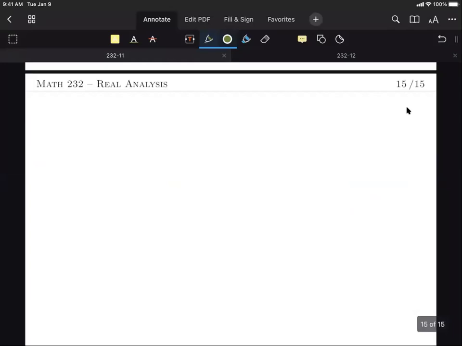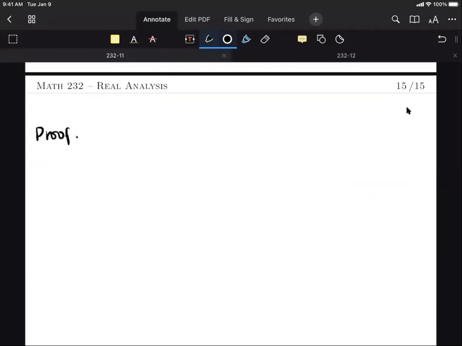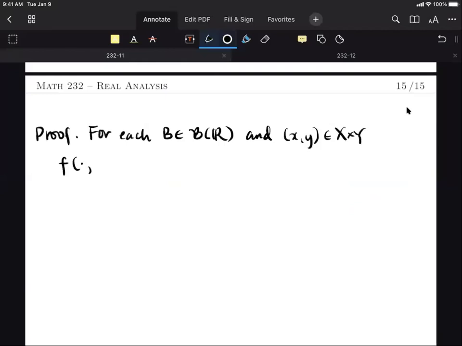For the proof, for each, let's say B, Borel set in R, and an ordered pair xy in x cross y, you can easily show that the inverse image of this trace function for fixed y of B is nothing but the section on x of the inverse image B at the point y.